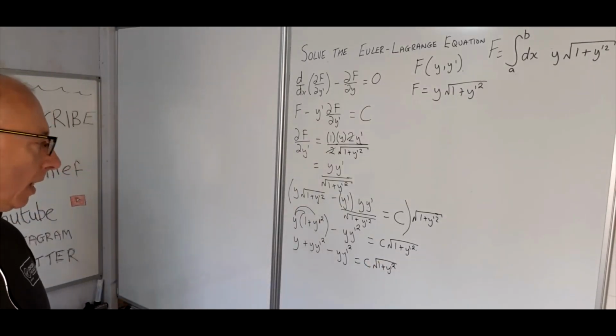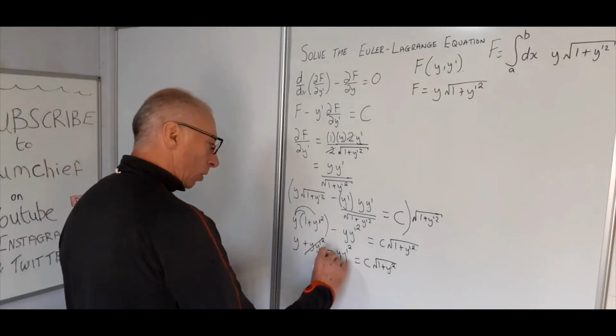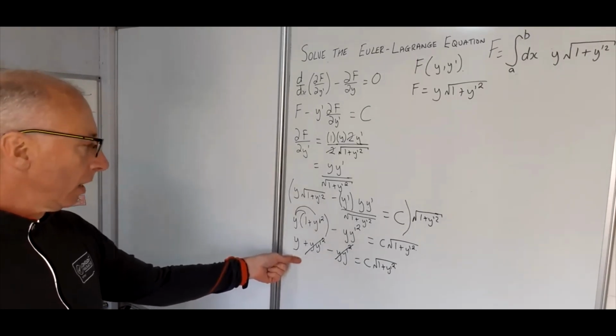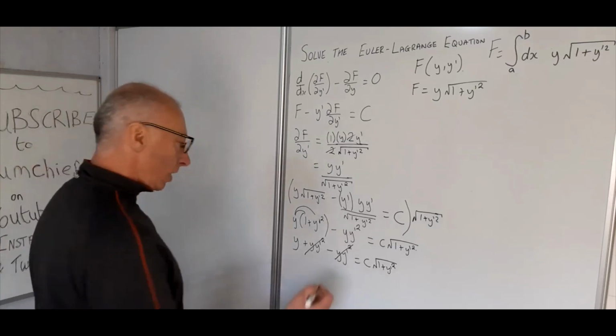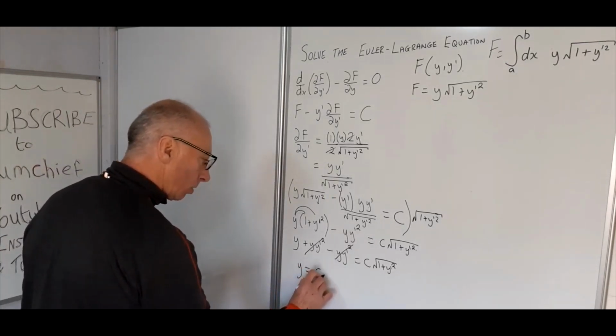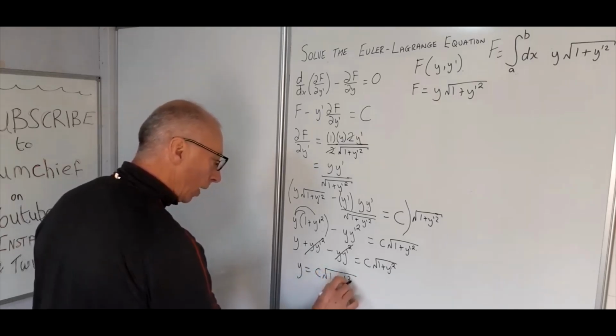Okay, now that cancels out, so that's brilliant. That's worked in our favour really well. So now we're left with y isolated. Let's write it up in nice and neat form: y equals c times the square root of 1 plus y prime squared.